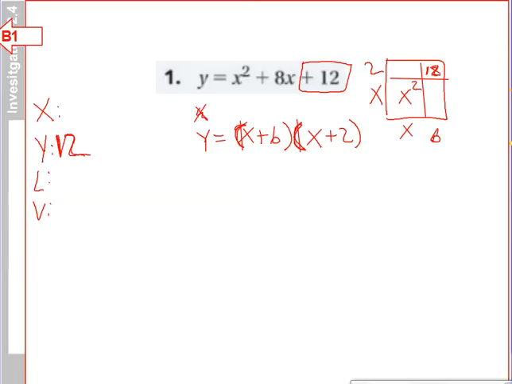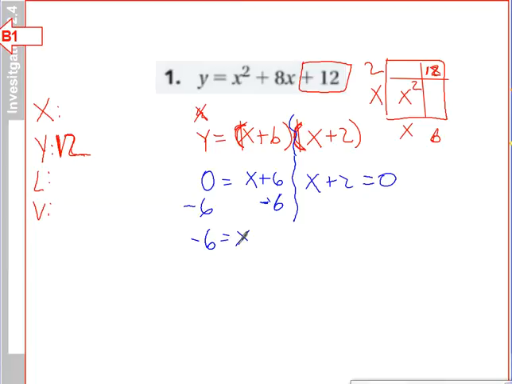So we know at the x-axis, the y value is 0, so we know 0 is going to equal x plus 6, and we also know that x plus 2 could also equal 0. Well, subtract 6, so we get negative 6 is equal to x.